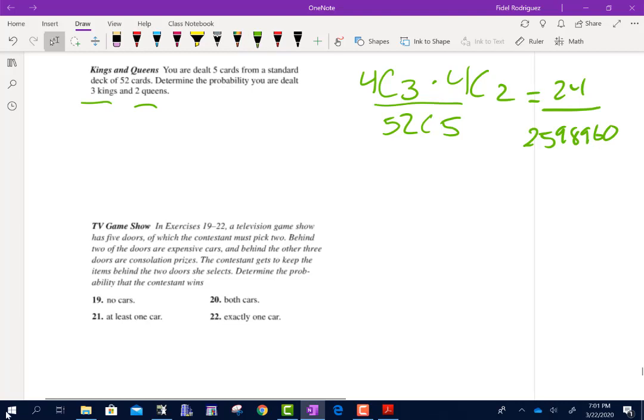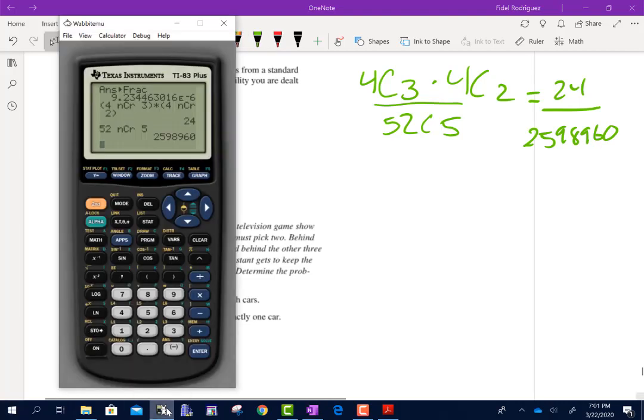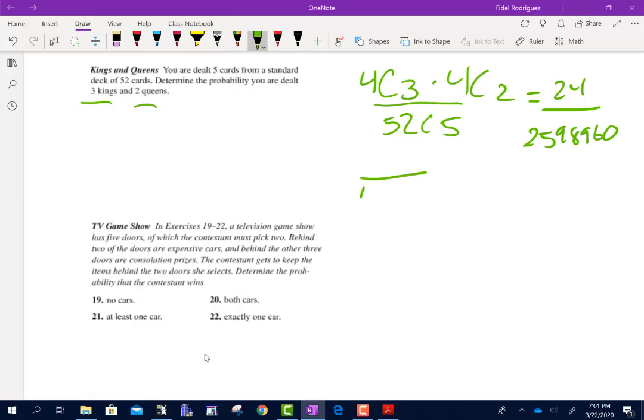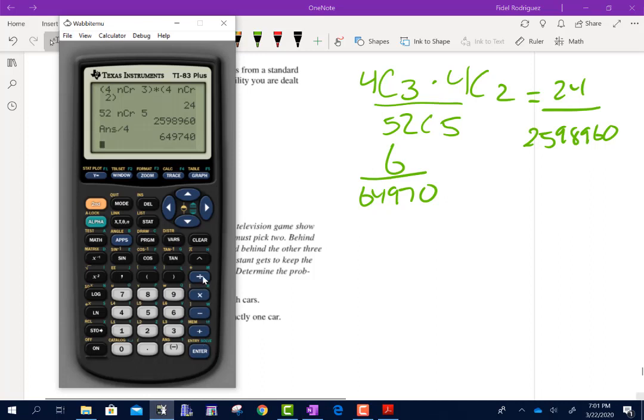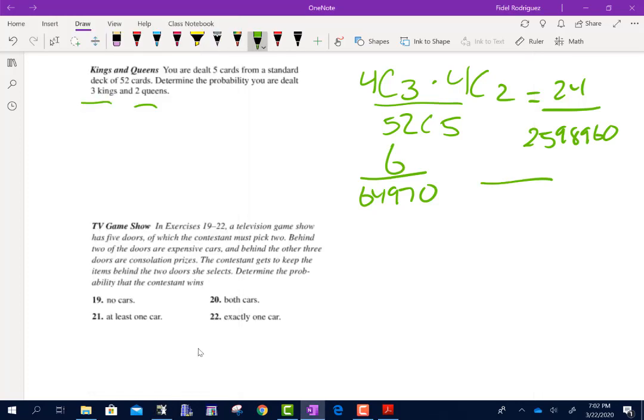2,598,960. Okay, so I know we can divide them both by 2. See if we can go by 4. Yes, we can. So we can divide them both by 4. When I divide the bottom number by 4, 649,740. When I divide that one by 4, that's a 6. I know we can at least divide them both by 2 again, because they're both even. 324,870.